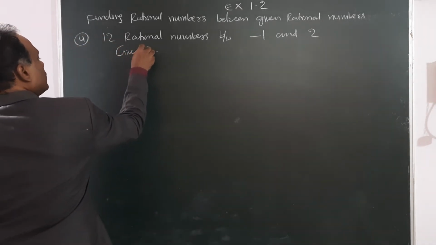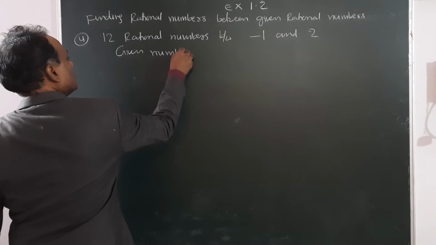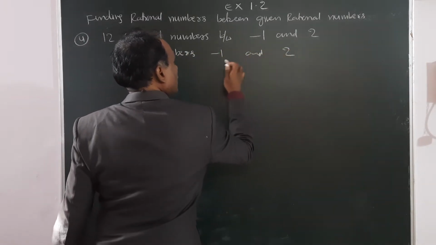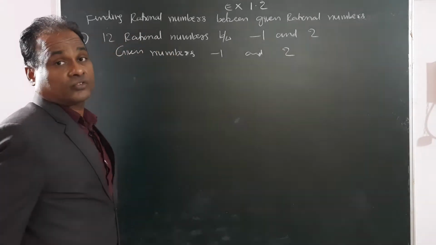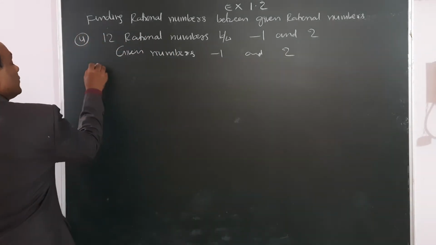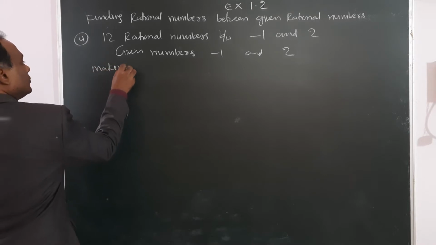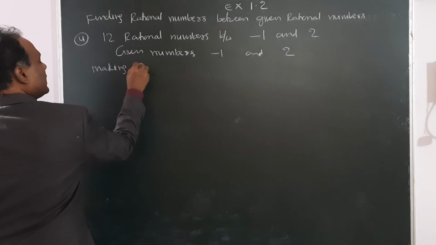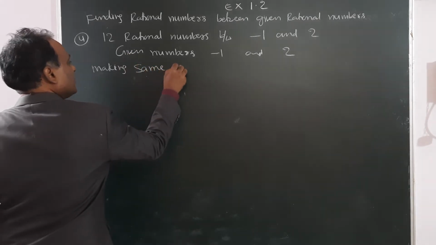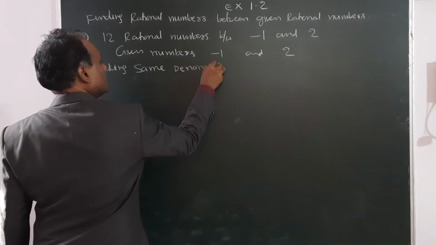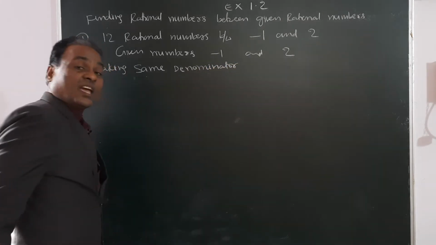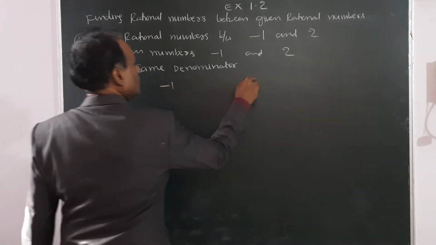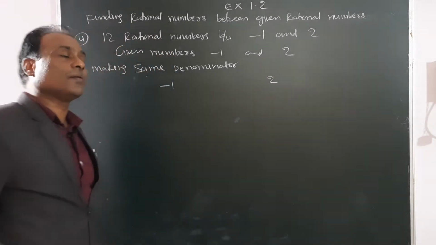Given numbers, in between these two we have to write 12 numbers. So the second method I am applying. Second method means making the same denominator. -1 and 2, make same denominators.